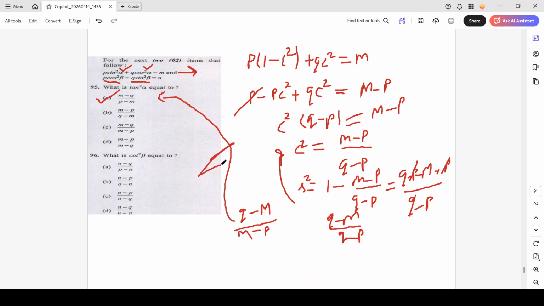Now similarly, if I want to find out cot square beta, what will be cot square beta? The value of cot square beta we can find in a similar way by putting 1 minus cos square alpha, and that answer will be 96A, in the similar way that we solved question number 95.